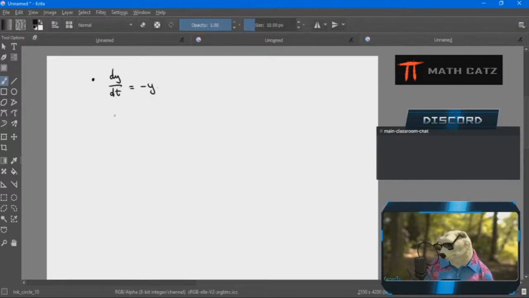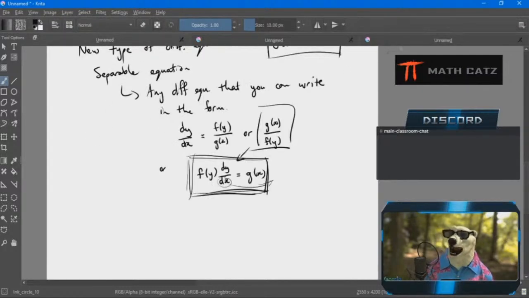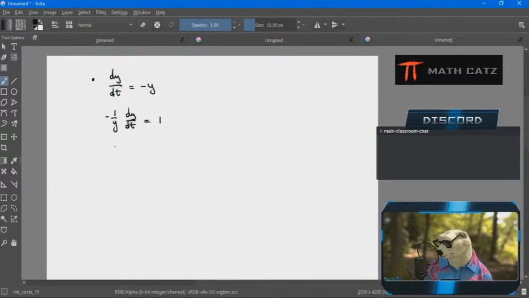What I really have here is having to divide both sides by negative y to get negative 1 over y dy/dt equals 1. Now I see it, like the box, as a separable equation. I just have to move the dt to the other side to finish it. So negative 1 over y dy equals dt.